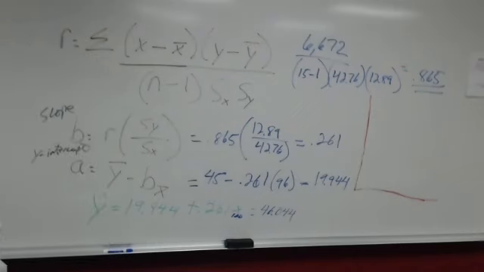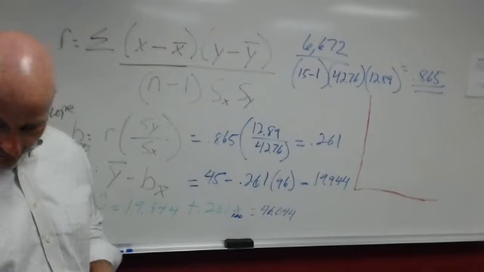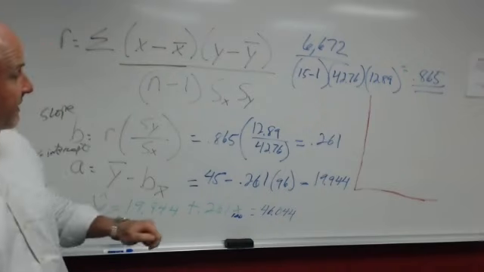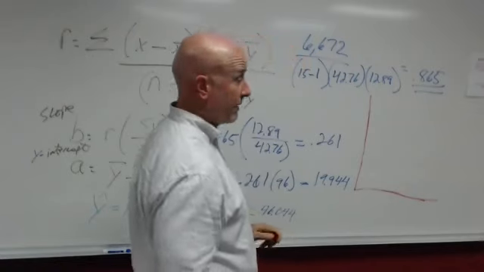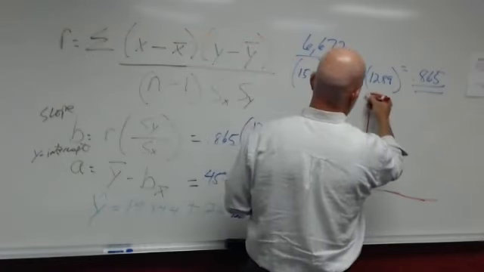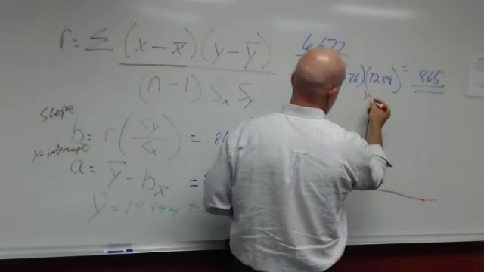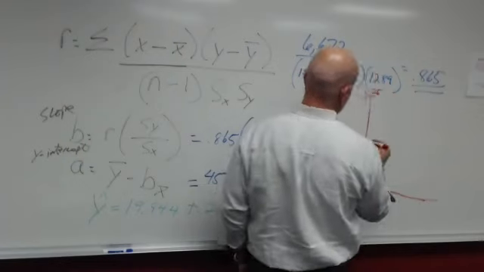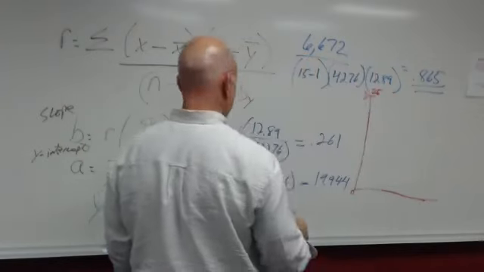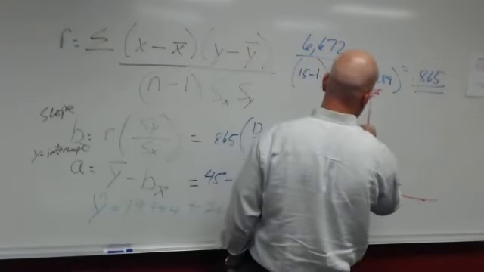Where am I going to start? Which one's the Y-axis? Y to the sky. So let's just say we'll call this up here at the top 25 and call this 0. And we were at 19.944.